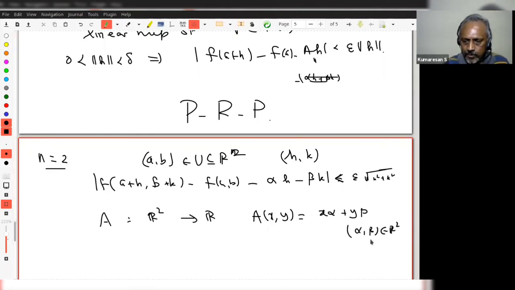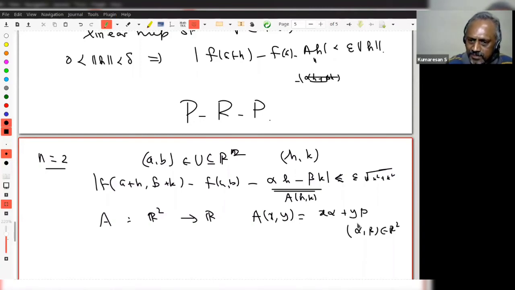Instead of alpha 1, alpha 2, I am again saying alpha comma beta. Any linear map from R2 to R is of the form A(x, y) equal to x alpha plus y beta. Therefore, this is nothing other than A acting on the vector (h, k). A(h, k) is h alpha plus k beta.